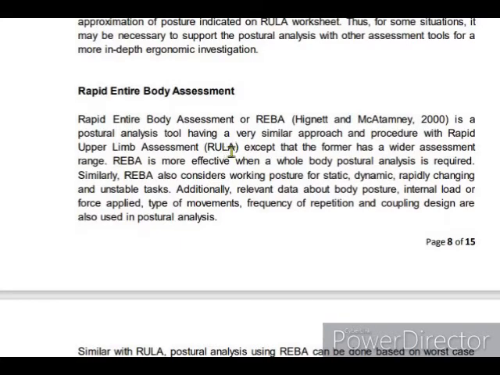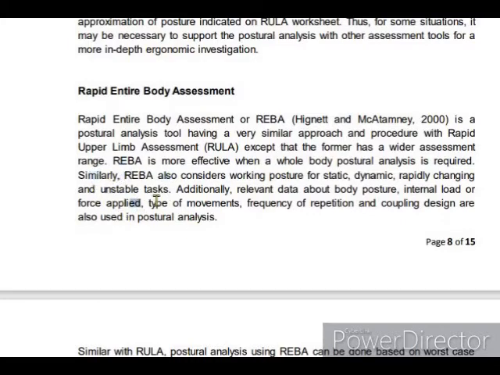Okay? So, similar daw siya, except that the former has a wider assessment. Okay? So, mas wide yung assessment ni REBA. Okay? Assessment range. So, REBA is more effective when a whole body postural analysis is required. So, kung whole body yung kailangan, mas effective daw yung REBA kasi nga, mas wide yung assessment niya.